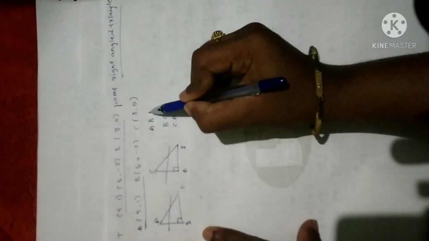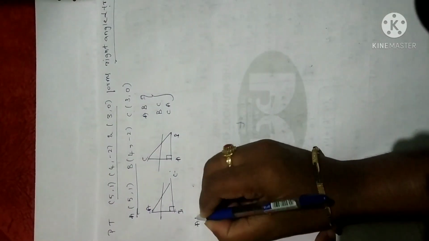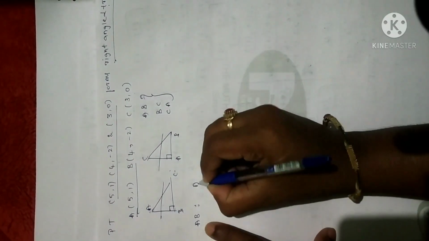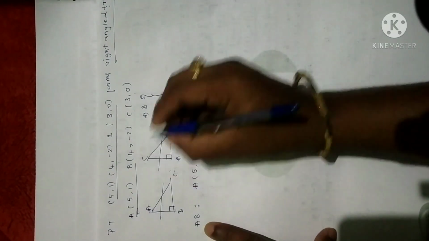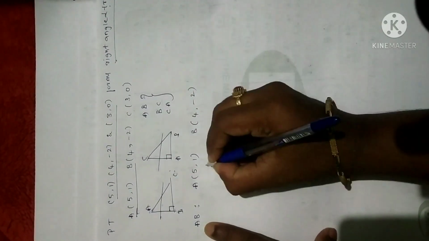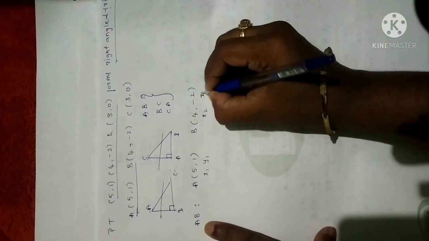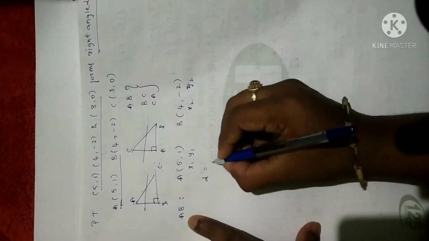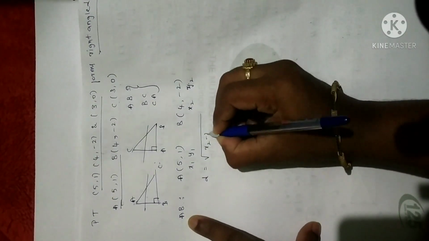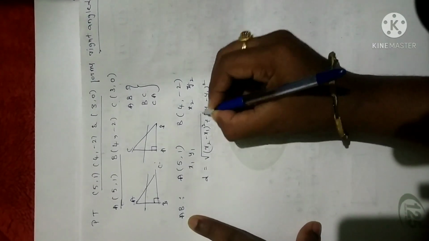Now let me find the length of AB. We have to find the length of all three sides. First let me find the length of AB. I need the vertices of A as 5, 1 and the vertices of B, which is given as 4, minus 2. So let me take this as x1, y1, x2, y2. Again the distance formula. When I say AB, it is the distance between A and B. So clearly it is square root of x2 minus x1 whole square plus y2 minus y1 whole square.